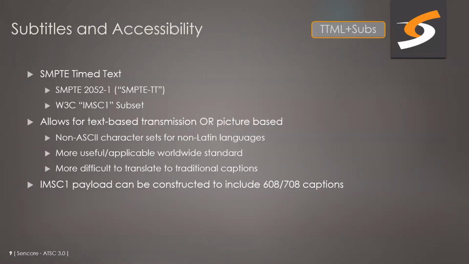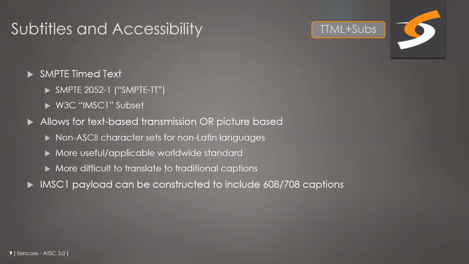A couple other highlights, relevant to the discussion today about reuse, is just highlighting the subtitles, the captions of the ATSC 3.0 signal. So SMPTE Timed Text is the format that is used.